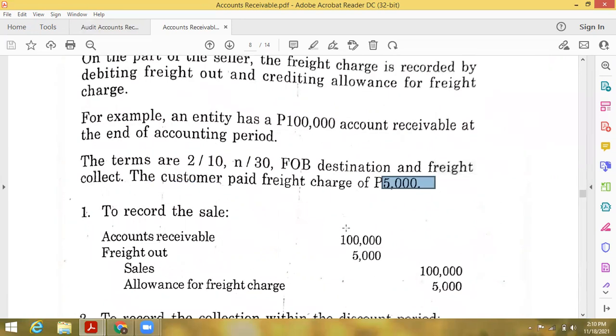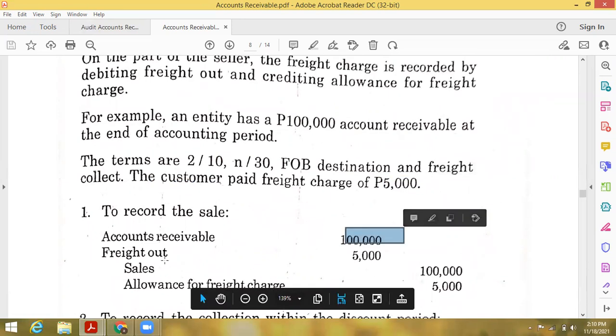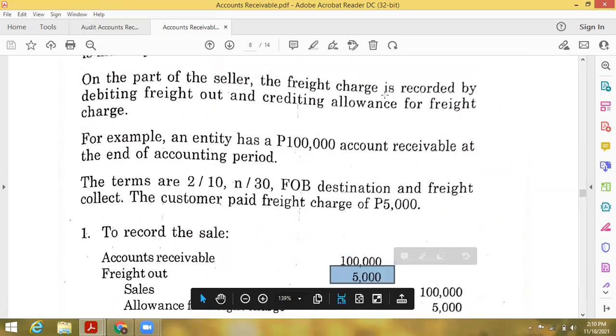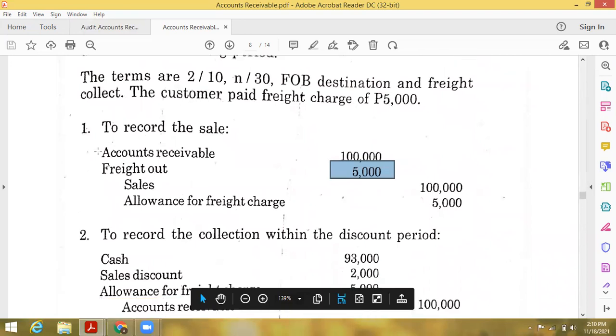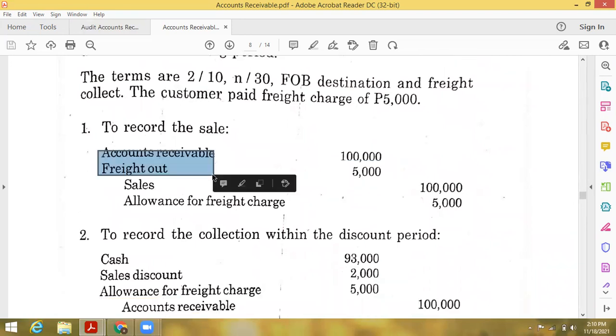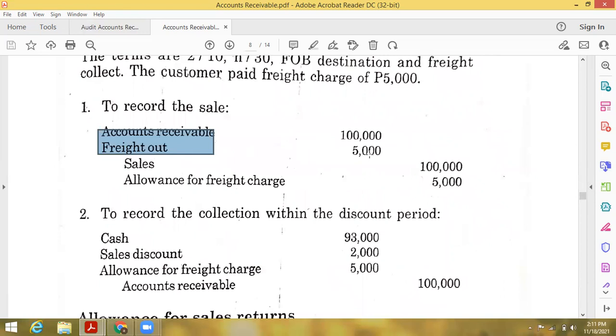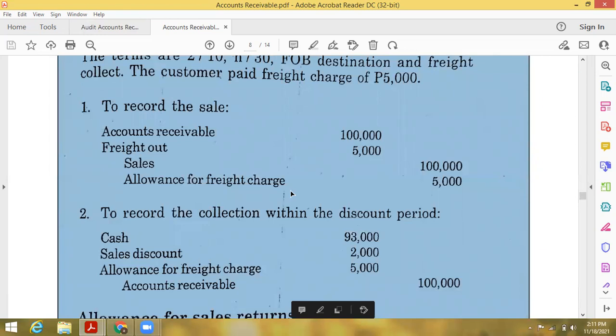So accounts receivable, freight out 5,000 kasi freight out is FOB destination, freight. Pag ikaw ang seller, pag ikaw yung nagbenta, tawag doon freight out. Pero pag ikaw bumili, freight in yun. Or transportation out or transportation in. Ang sales natin dito ay 100,000, then may allowance for freight charges tayo na 5,000.